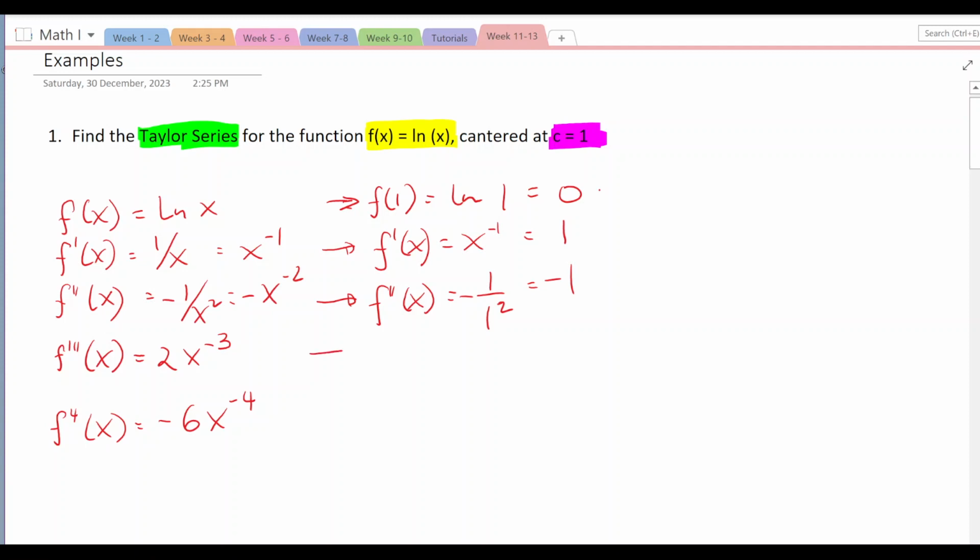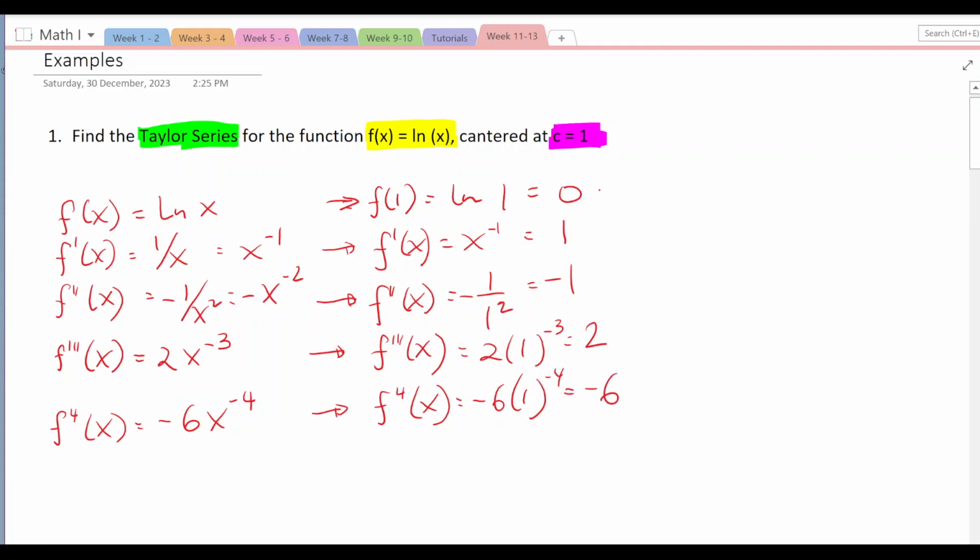And then for the third derivative, 1 to the power of 3 doesn't matter, so it still becomes 2. I hope you understand. 2 times 1 to the power of negative 3 doesn't matter, it still becomes 2. And then the fourth derivative, this is not to the power of 4 by the way, is simply negative 6; 1 to the power of negative 4 doesn't matter, so it becomes negative 6.